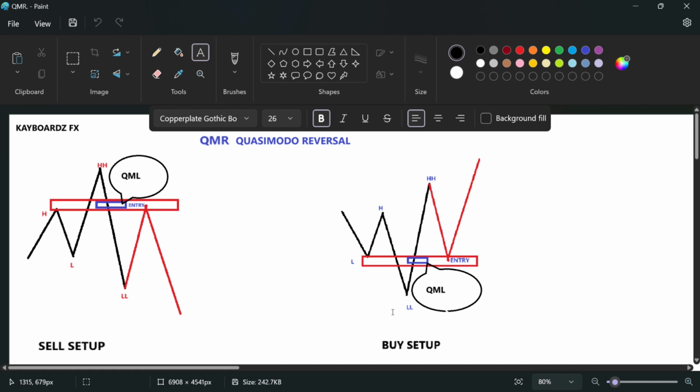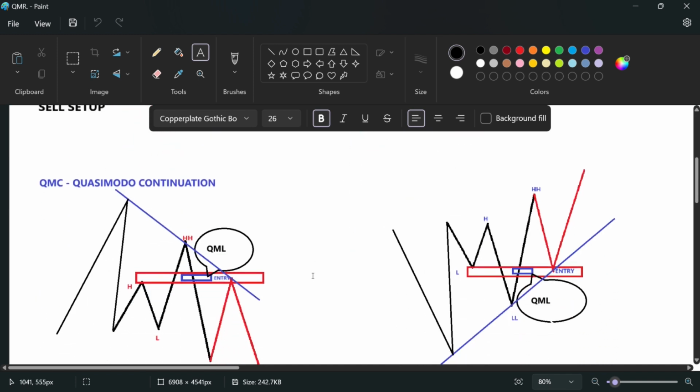Generally, the definition of Quasimodo is a structure that gives traders insight that price is about to reverse or go in some direction. Now the price is going bearish and price is making a QM sell going in the same direction as the market. That is QM continuation. So it's just a Quasimodo structure giving the continuation of the market trend.